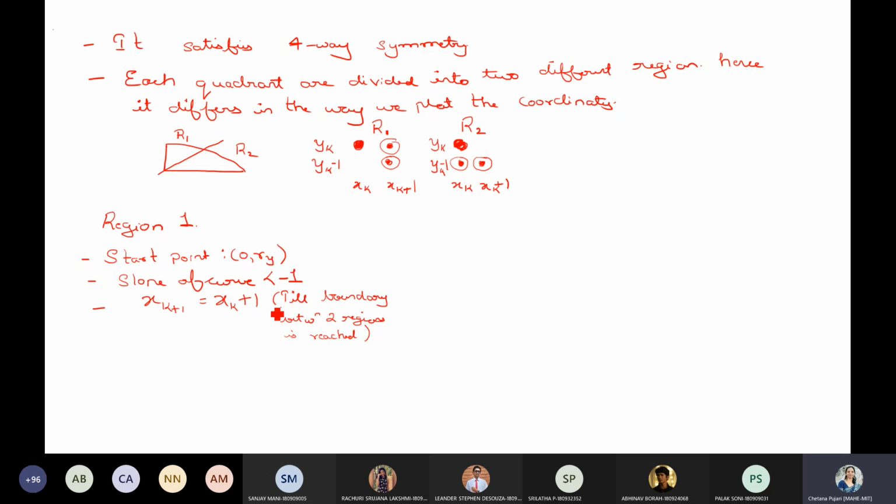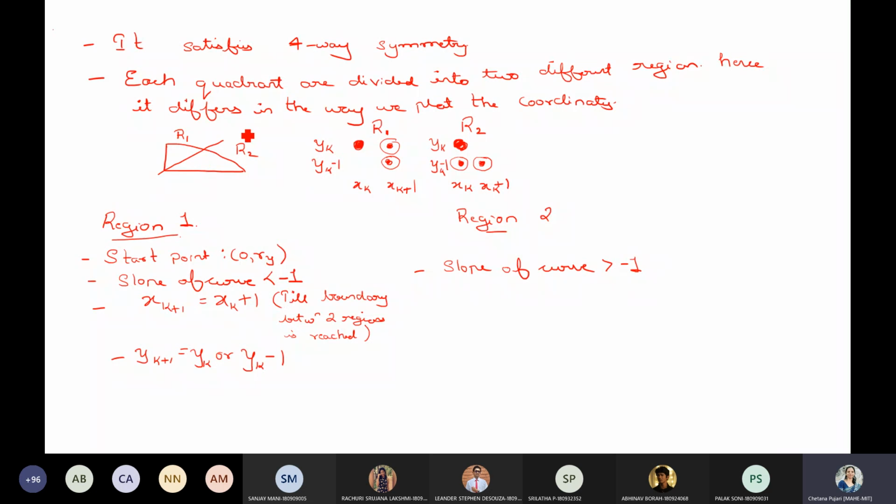And what about y? You are going to make a decision: yk plus 1 is equal to yk or yk minus 1. So this is for region 1. Similarly, for region 2, your slope of curve is greater than minus 1.